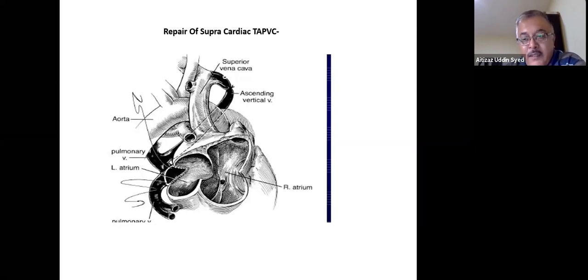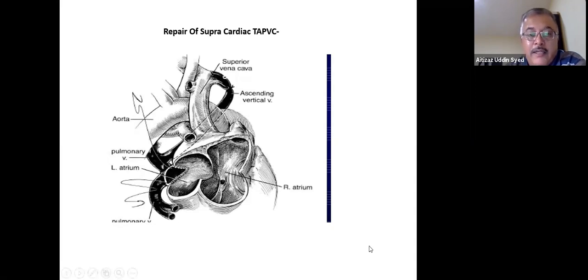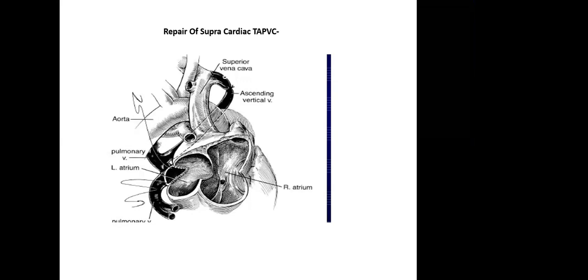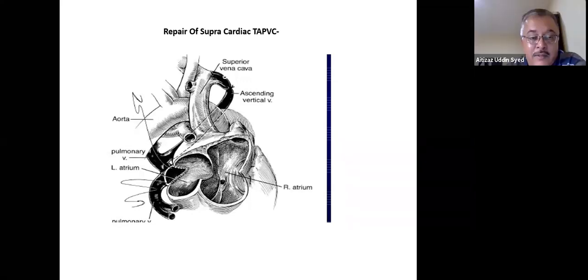So this is the rationale to ligate the ascending or vertical vein. And in cases where you do this type of anastomosis, not a very insignificant number, actually about 13% according to the literature, may develop stenosis, usually where you have cut right up to the, not the confluence, but back into the pulmonary veins.